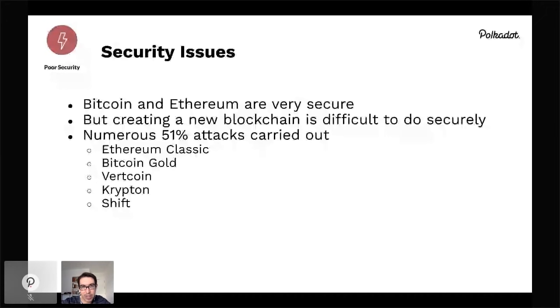Say, all right, I'm actually not going to send it to you. I'm going to send it back to myself. And while a 51% attack would be very difficult to do on Bitcoin and Ethereum, if you use a different blockchain, you are very, very vulnerable to these attacks. And there have been numerous ones that have happened in reality.